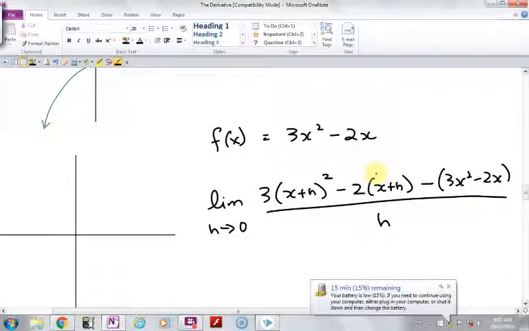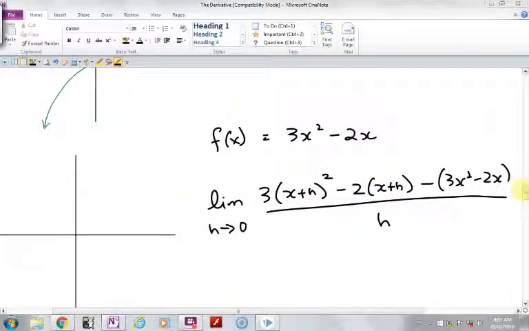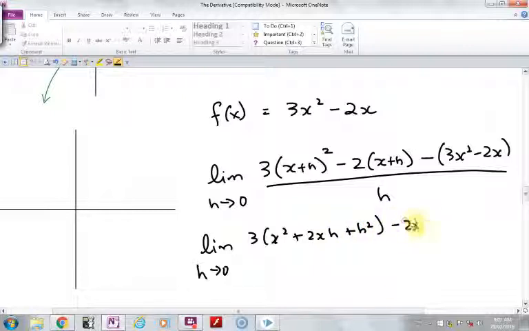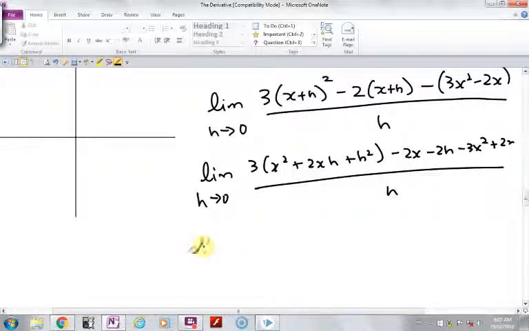So then, all right, what we need to do is, of course, simplify the top, divide through by h, and then take the limit.